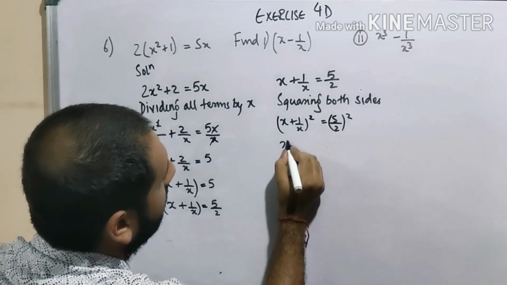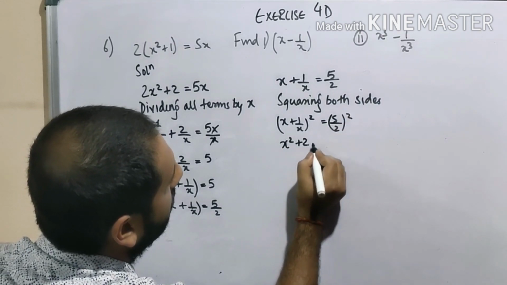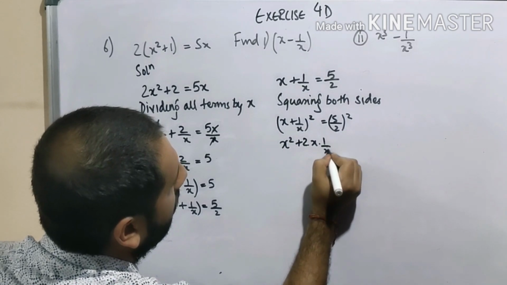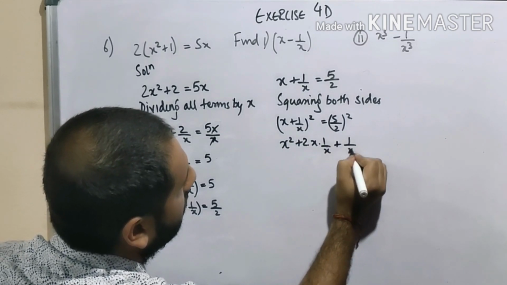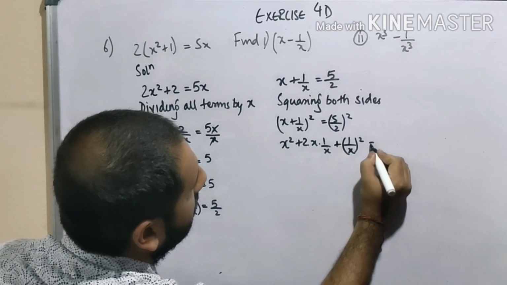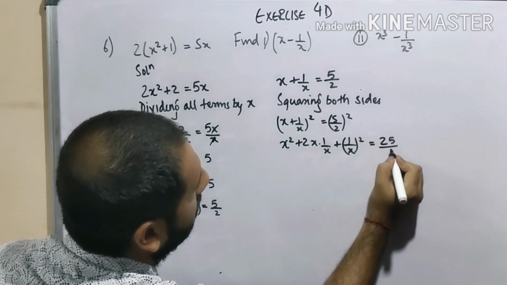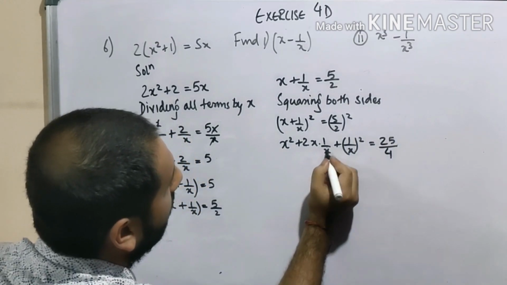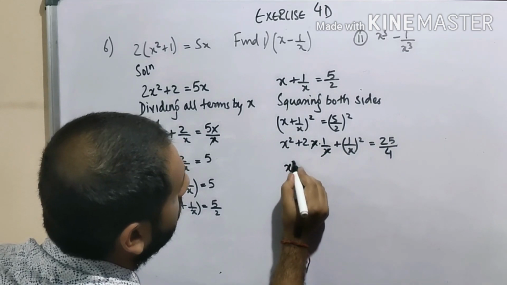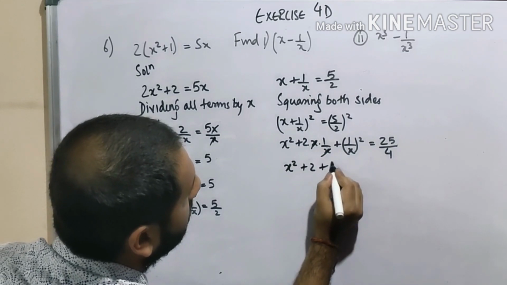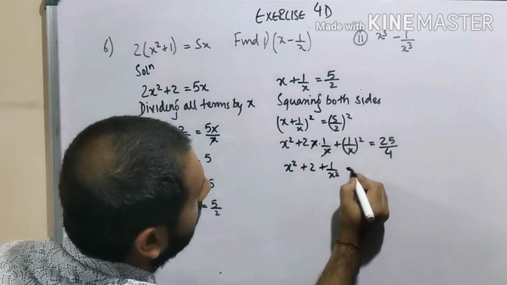And open the bracket, x square plus 2 into x into 1 by x, plus 1 by x square is equal to 5 square is 25 divided by 2 square is 4. Okay, I'll cancel this. This becomes x square plus 2 plus 1 by x square is equal to 25 by 4.